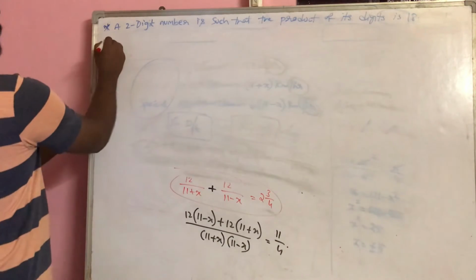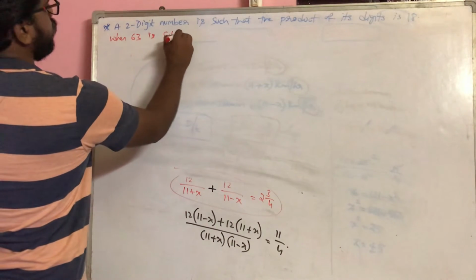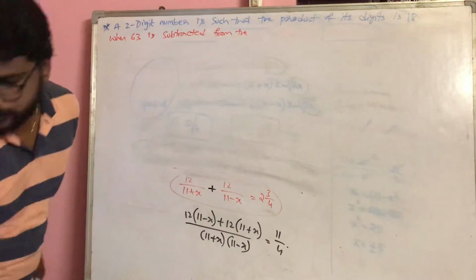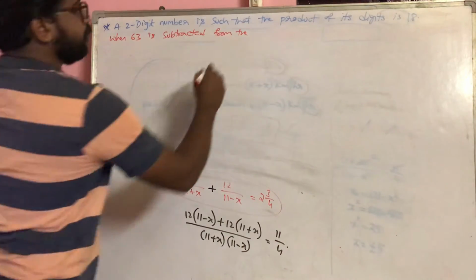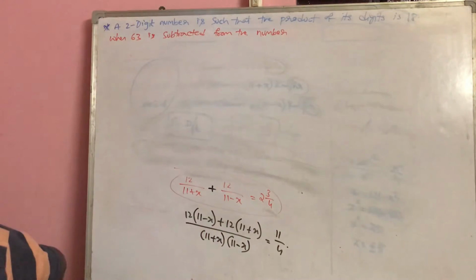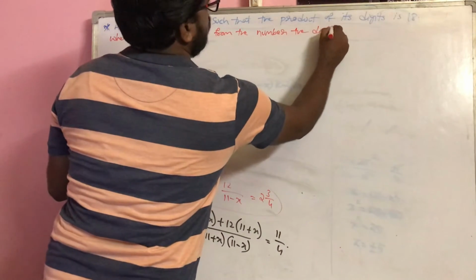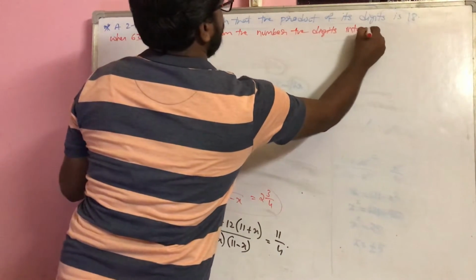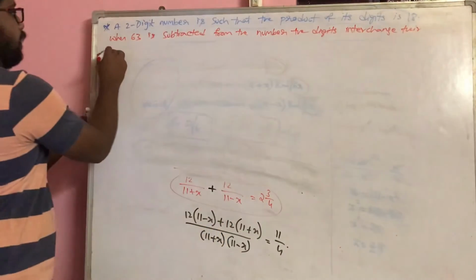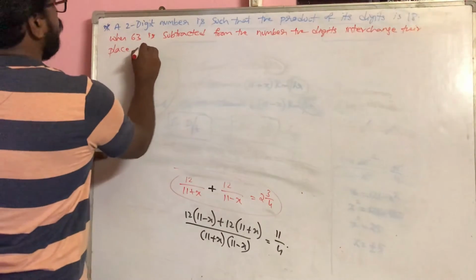When 63 is subtracted from the number, the digits interchange their place. They are asking to find the number.